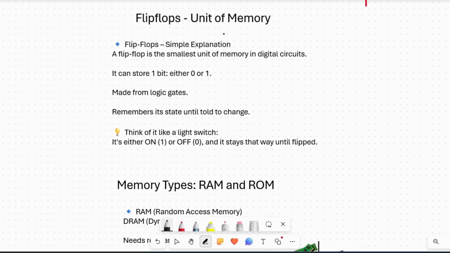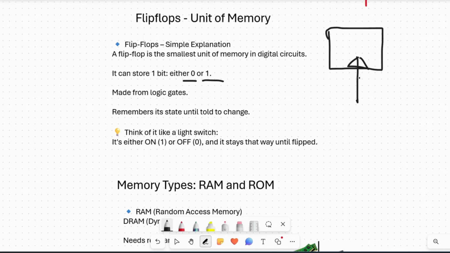Flip-flops, units of memory. Flip-flops, simply explained. A flip-flop is the smallest unit of memory in a digital circuit. It can store one bit, either 0 or 1. We use a clock. Basically we use the clock for this purpose.